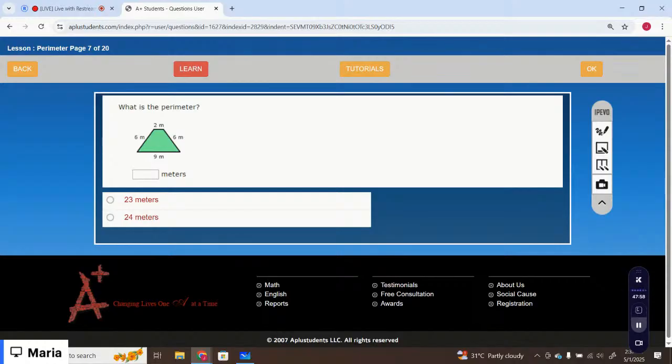What is the perimeter? The correct option is 23 meters. Option number 1 is the correct option. Very good.